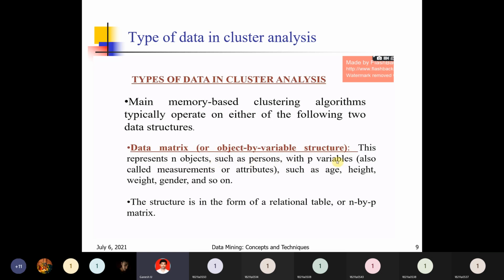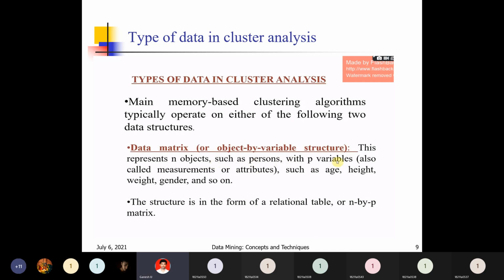Columns are the variables and rows are different objects; that may be an employee, a student, or anything. If it is grocery items data, then each item has a cost, packaged or non-packaged, vegetable or fruit, and so on. Different variables are there. So this is the data matrix, the object by variable structure.